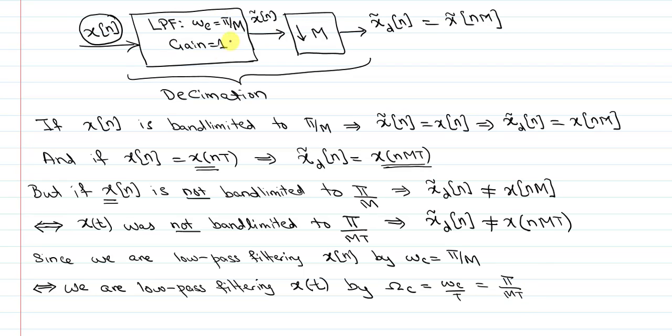So adding this low pass filter in the discrete domain is effectively adding a low pass, anti-aliasing filter in the continuous domain.